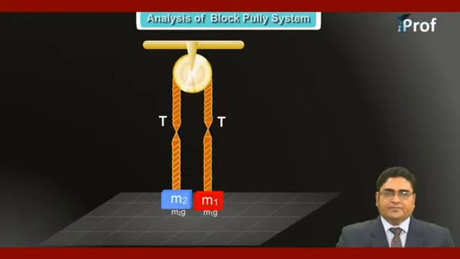For pulley, the reaction force R is acting in upward direction and tension T, which are same on both the sides, are acting downward. Whenever massless pulley is there, then tension in string on both the sides of pulley will remain same.